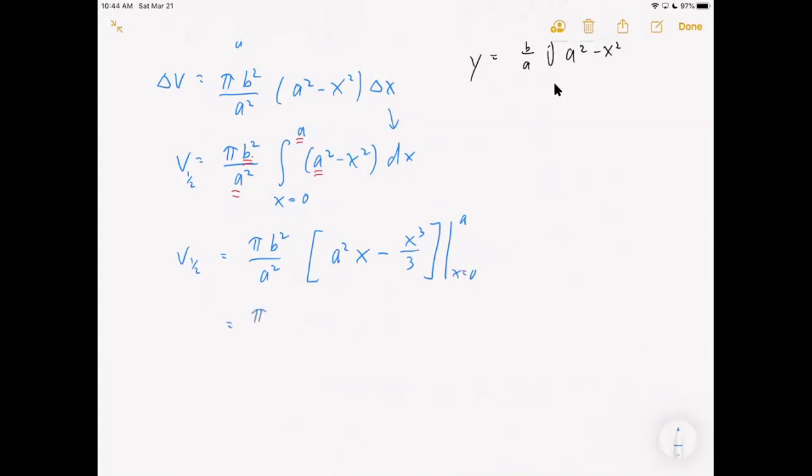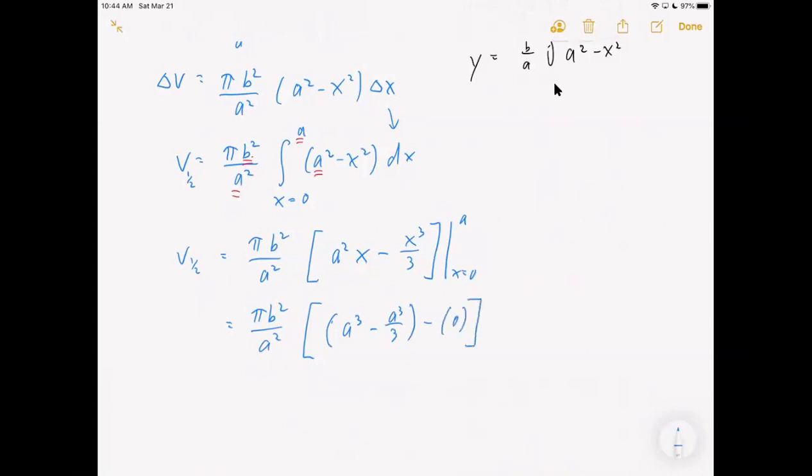So just subbing back in, pi b squared over a squared. Now let's put in our limits. When we put a in for x the first time, we will get that the first term is a cubed, and the second term is a cubed over 3. When we sub 0 in for x, we will just get 0 for both terms.